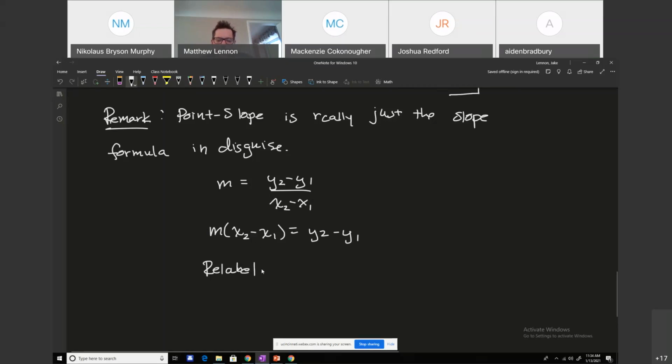If you make x2, y2 into x and y, and make x1 and y1 into x0 and y0, you get exactly the point slope formula. So really the point slope formula is the exact same thing as the slope formula, just cross multiplied and relabeled. So that might be an interesting fact.